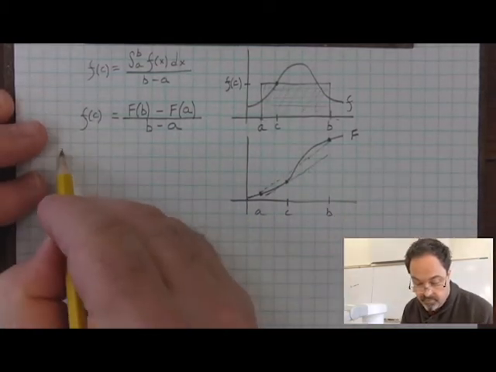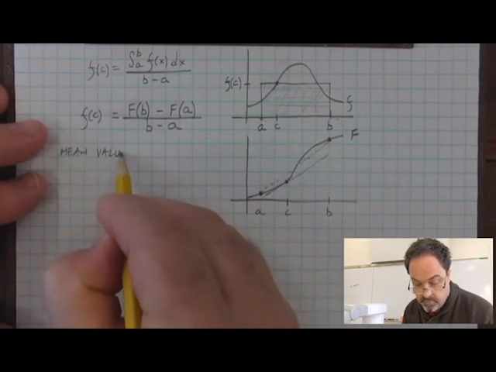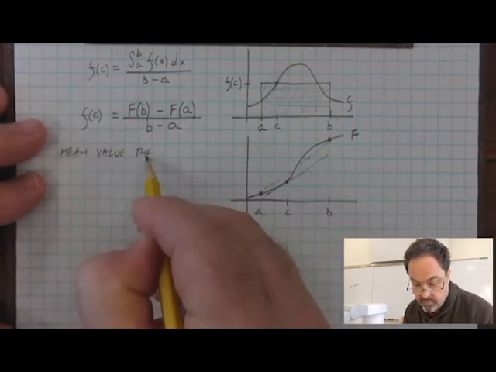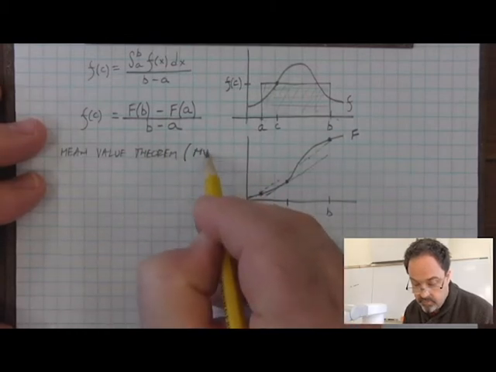The mean value theorem is this, abbreviated MVT.